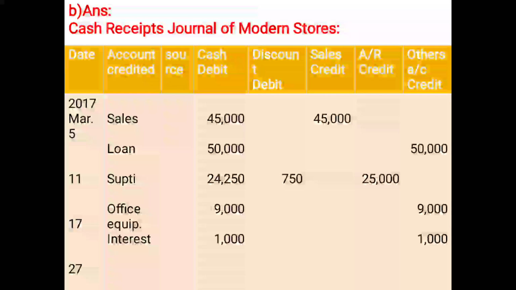It is recorded in the cash receipt journal as Shukti, that is, accounts receivable. 3 columns are used for this amount: first cash debit 24,250, discount account debit taka 750, and accounts receivable column credit for the total amount of the debt, 25,000. In this way you have to write in your accounting copy.